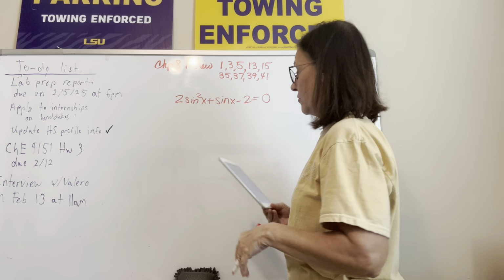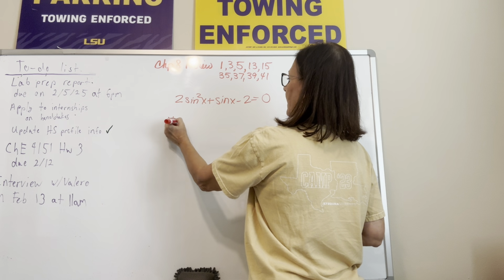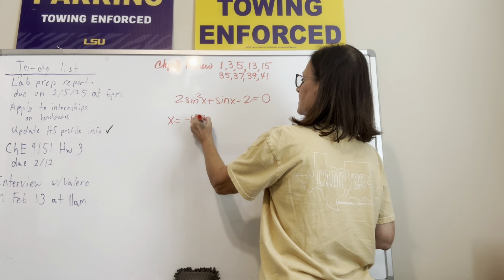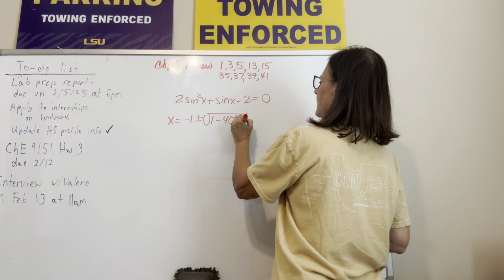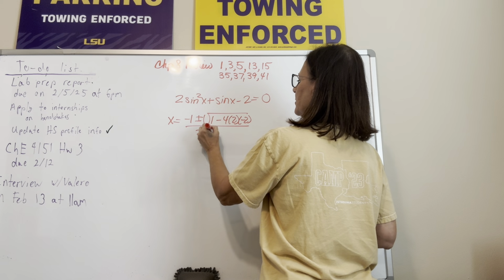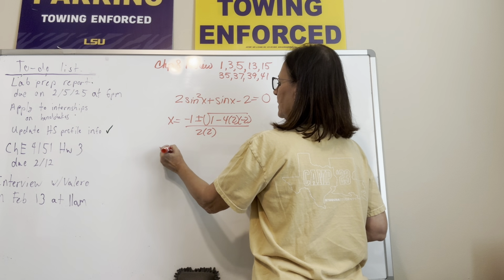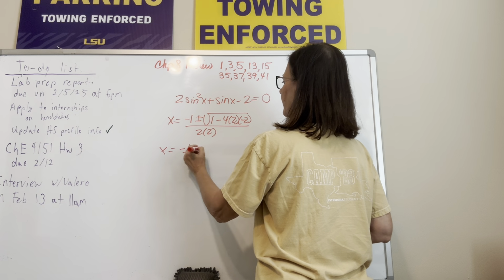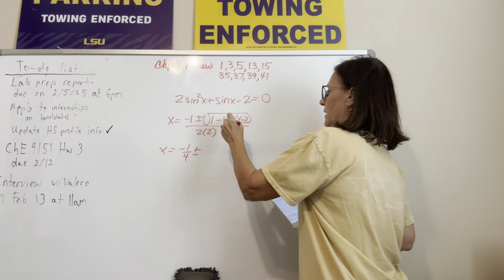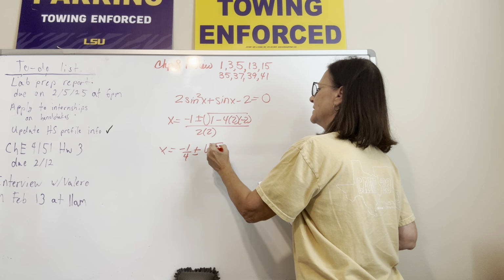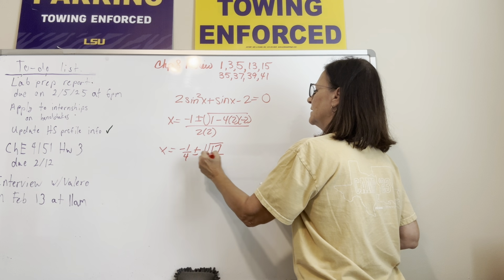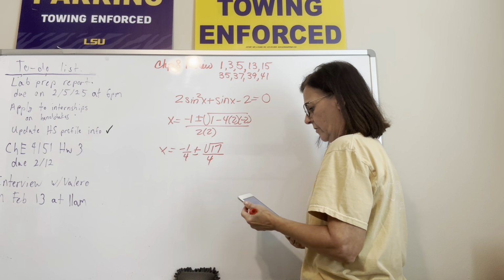I'm going to just use the quadratic formula. x equals the opposite of b plus or minus the square root of b squared minus 4 times a times c, all over 2 times a. So x is negative 1/4 plus or minus the square root of 17 over 4.